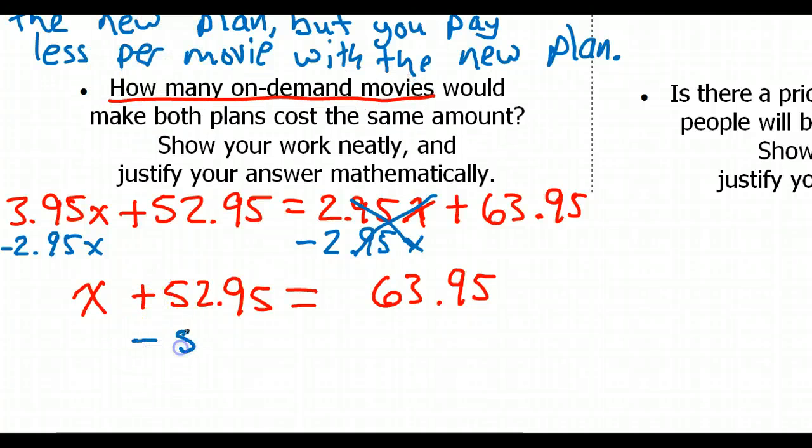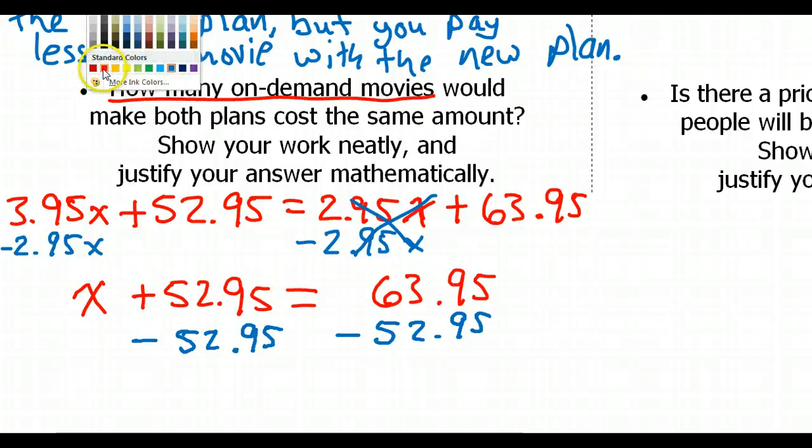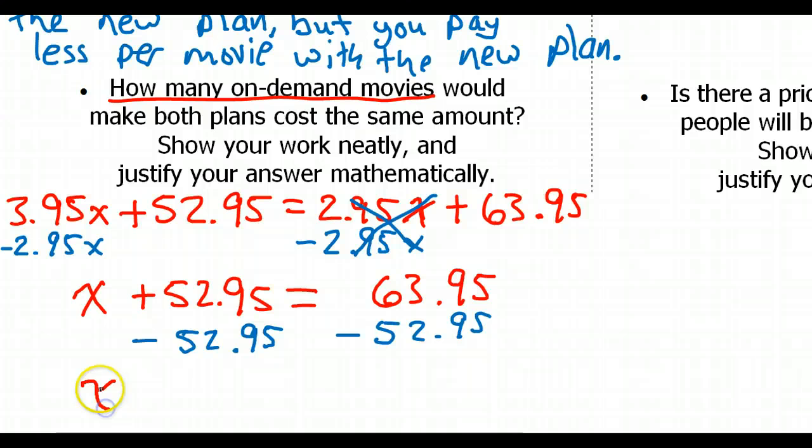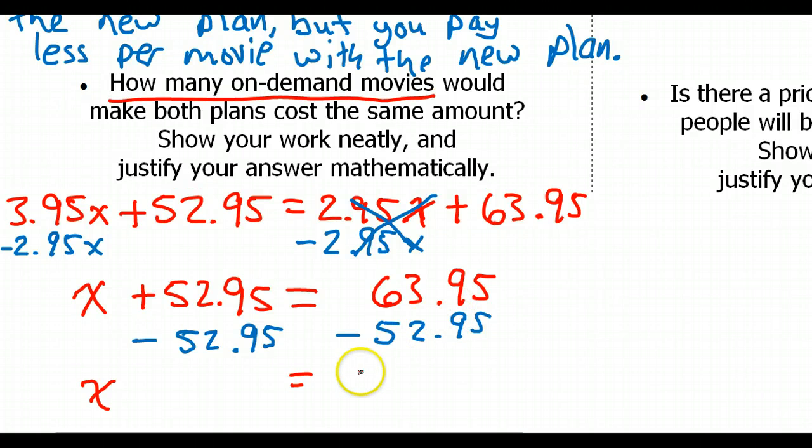So minus $52.95, minus $52.95. Okay, so that's going to give me x equals 11.